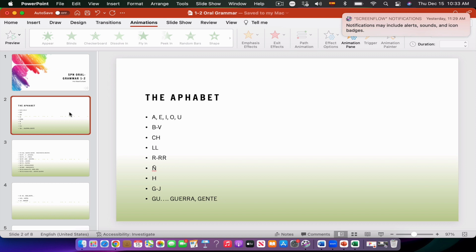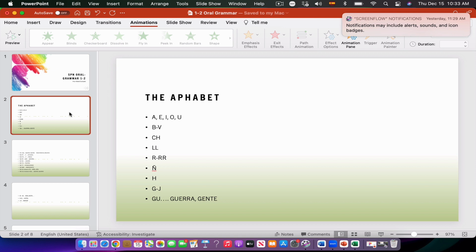Then we have the R. The R in Spanish, if it's at the beginning of the word, is going to be strong, like rápido, for example. And also, when you have it in the middle of the word between two vowels, and if you have a double R, it's going to be strong too.